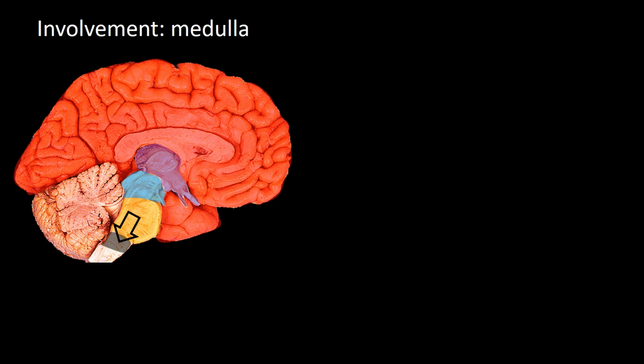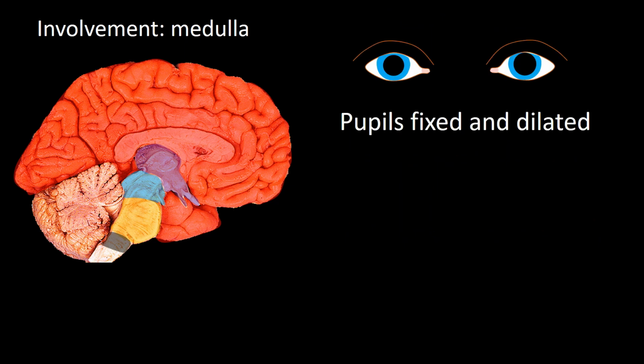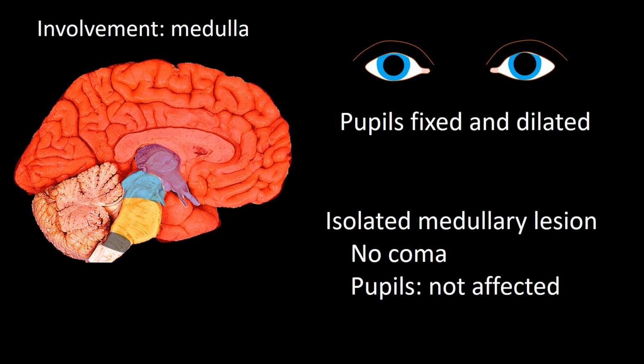Medullary involvement, when present in conjunction with pons and midbrain damage, is associated with fixed and dilated pupils. Isolated medullary lesions do not produce arousal failure nor affect the pupils.